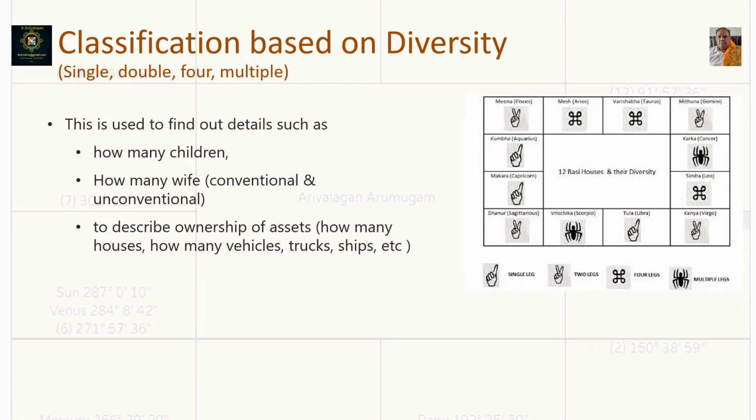Okay. So here if you see, all the four corners are two-legged Rasis, and Mesha Rasi, Vrichika Rasi and Simha Rasi are four-legged because they are animals. We know that goat, cow and lion.